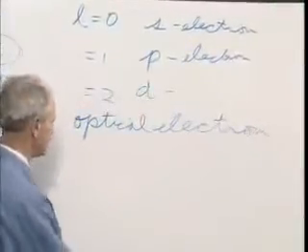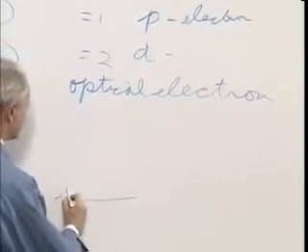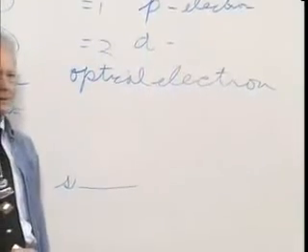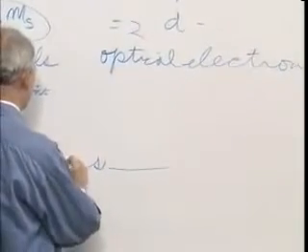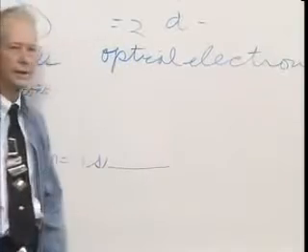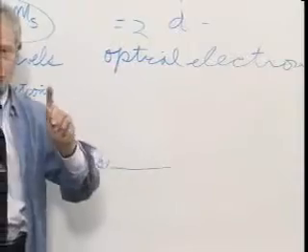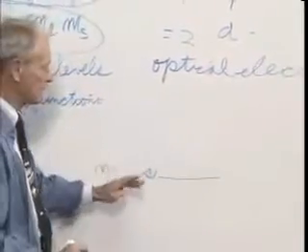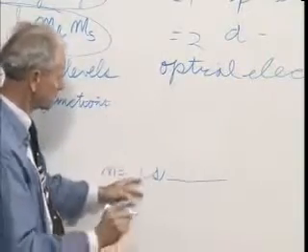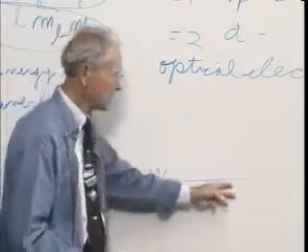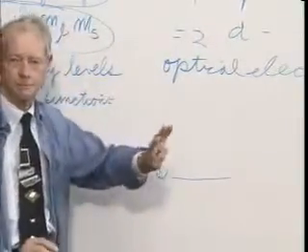Let's assume it is down here, and it will be in an S state. That's 0. But you say, how far down? Let's call it n equals 1. And you say, this atom, because only one gets excited, you pick one of those electrons that's called the optical electron, and I'll show you which one, and it can be in the 1s state. That means n equals 1, L equals 0.